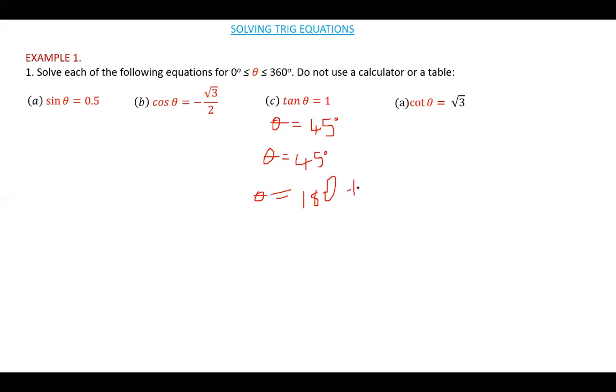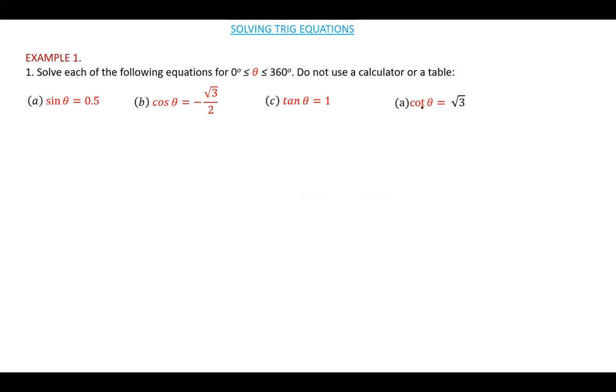So 180 plus 45, you get 225 degrees. So these are your values of theta. These equations are just as simple as this.